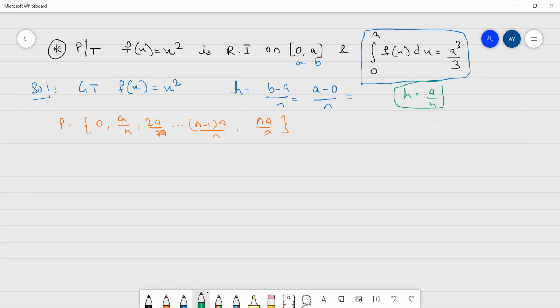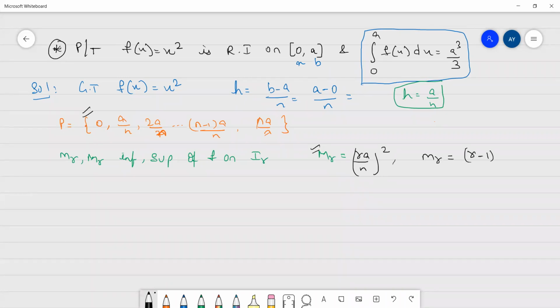Now what do we have to find? We have to find infimums and supremums. I'm writing small mr and capital MR as the infimum and supremum of f on the interval Ir. So capital MR, the supremum in this partition, equals r a by n whole square. And the infimum, small mr, equals r minus 1 into a by n whole square.